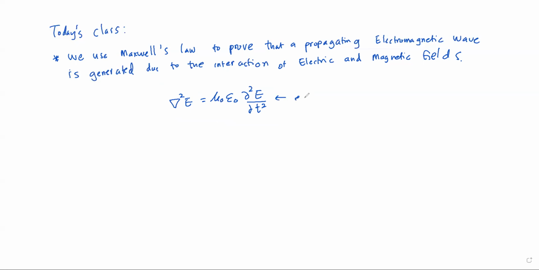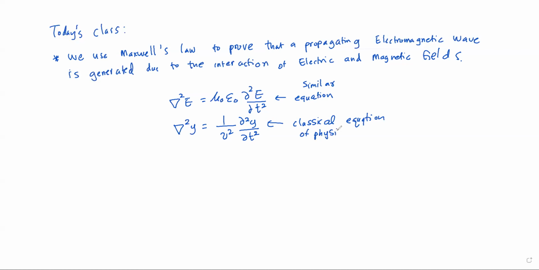This equation is very similar to the classical wave equation in physics, where the Laplacian of the displacement of a wave is equal to 1 over velocity squared times the second derivative of the displacement with respect to time. This shows that a wave is propagating in a certain medium with a certain velocity v.